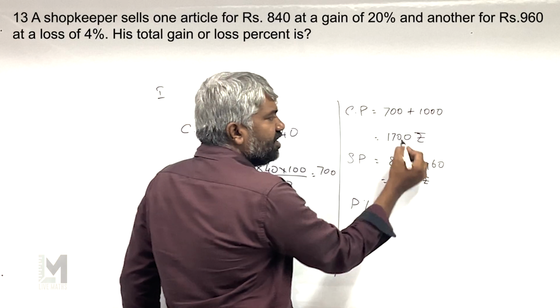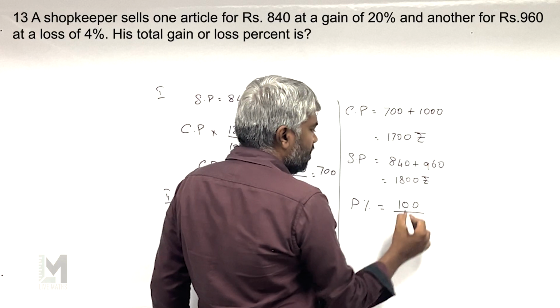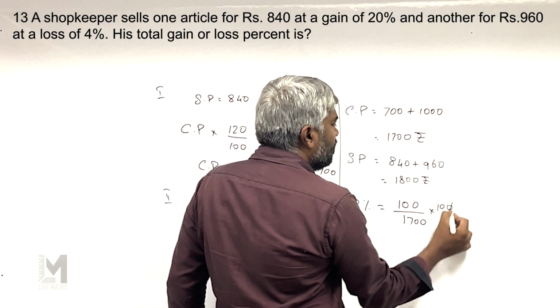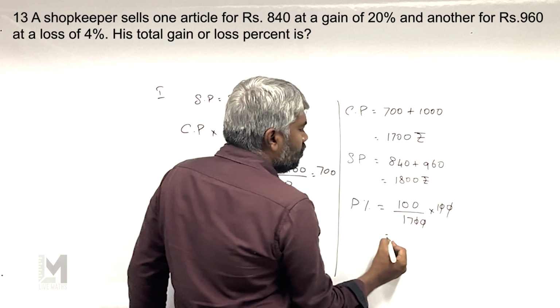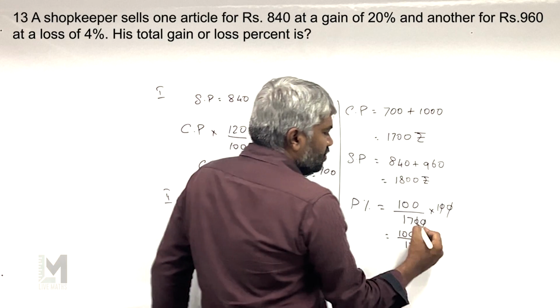Now, we need to find profit percentage, right? Selling price is 1800, cost price is 1700. So, profit is 100 by total cost price into 100. So, just cancel. Now, 100 divided by 17. So what is it?